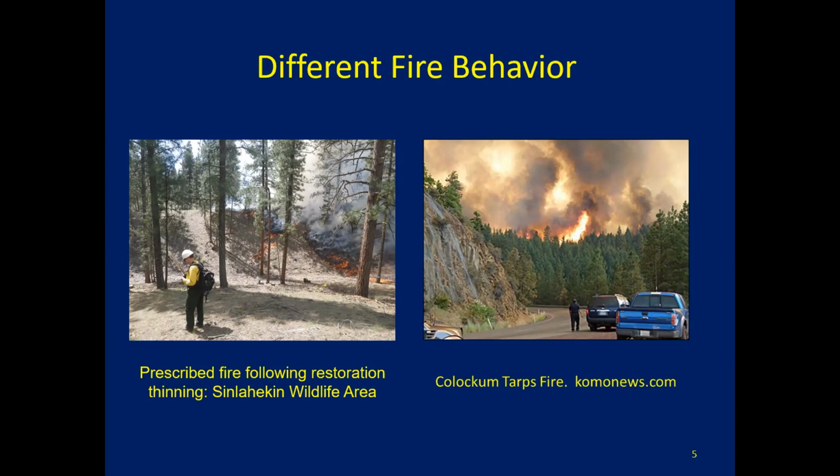A whole lot easier to control those 2-foot flame lengths. And also using prescribed fire, we pick that time of year when we can maintain that. We're going to burn in the spring or the fall when we have higher fuel moistures, weather that isn't as hot and dry or erratic. We can control our fire a lot easier and pick those locations where we put it on our landscapes. It's a great tool.